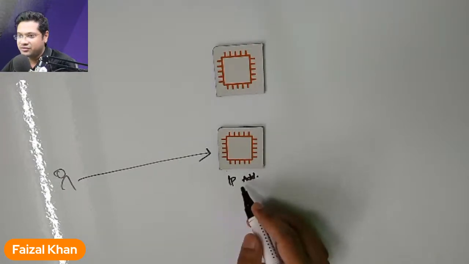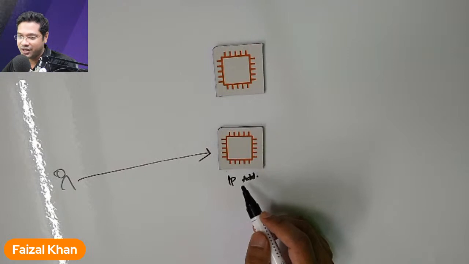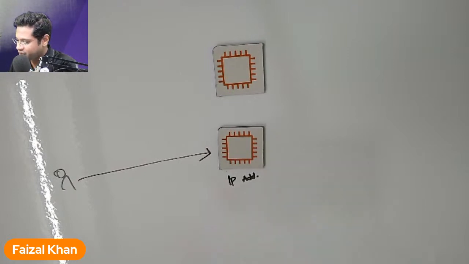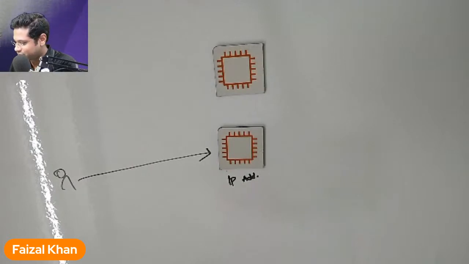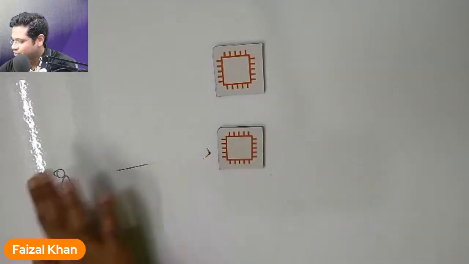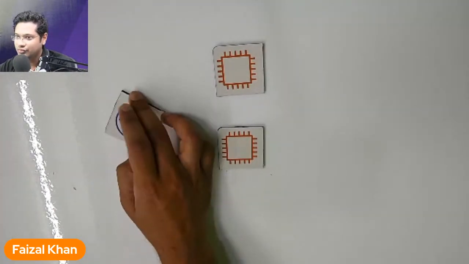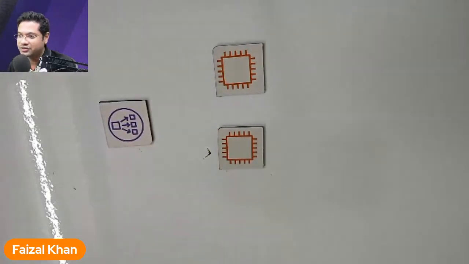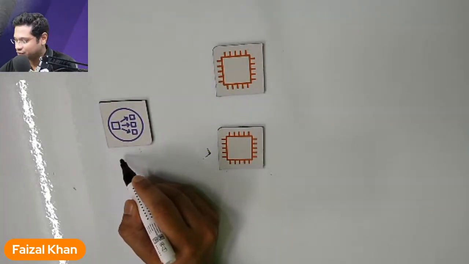All right, so you have the IP address that you had, which you were trying to access the website with, right? But essentially, if you have multiple instances, you end up having multiple IP addresses, which is really not what you need. So what you would rather do here is bring in something called a load balancer, where now the load balancer will have an IP address or a DNS.